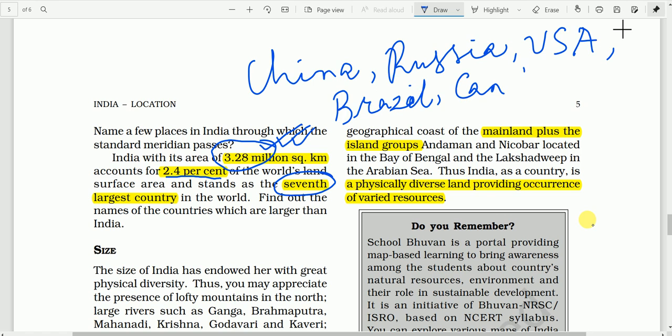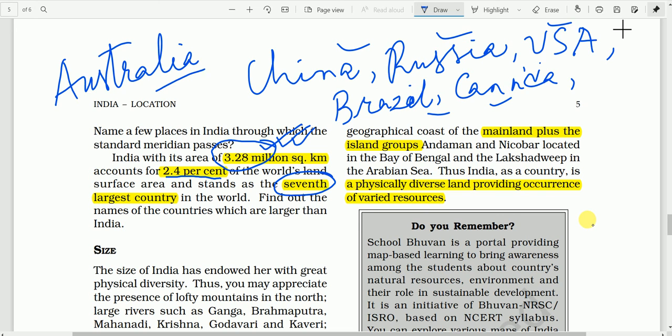Then one more. 1, 2, 3, 4, 5. Another one. Russia is already here. Australia, okay. Russia, USA, Brazil, Canada, Australia. So these are the 6 countries larger than India.